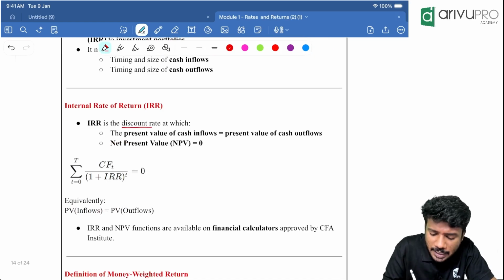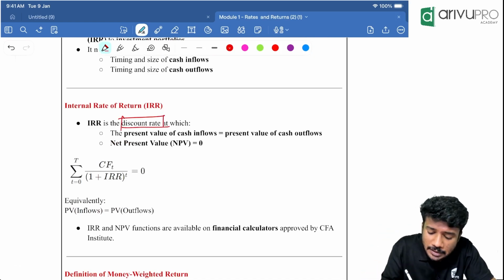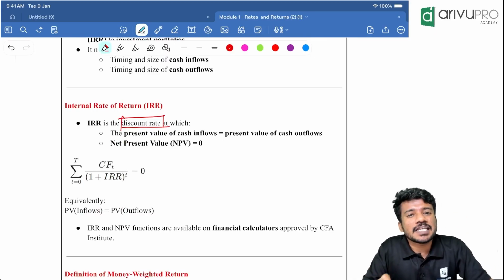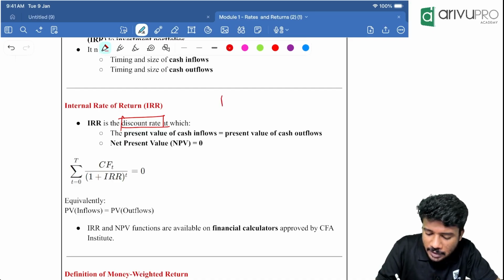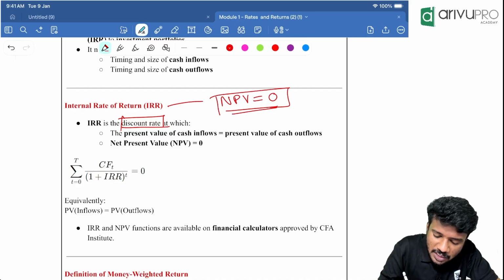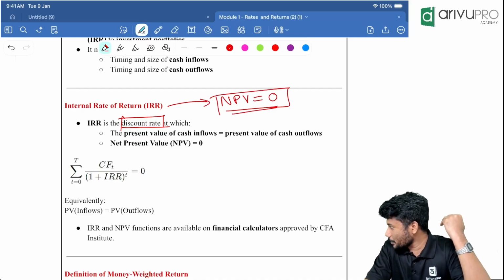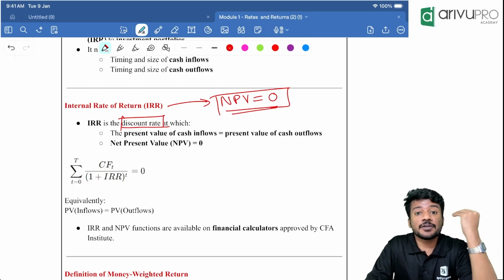Internal rate of return is the rate of return, or the discount rate, at which the present value of inflow is equal to the present value of outflow. So our net present value is equal to 0 at the internal rate of return.